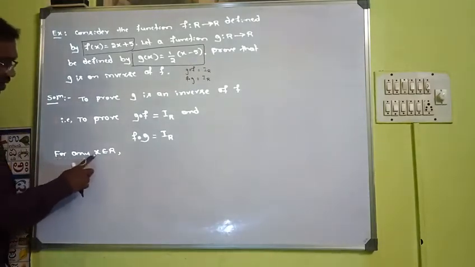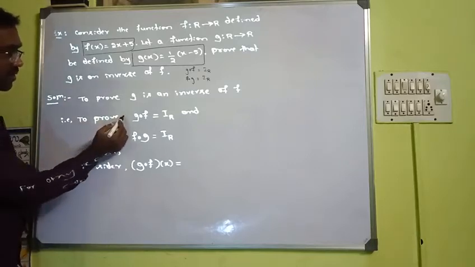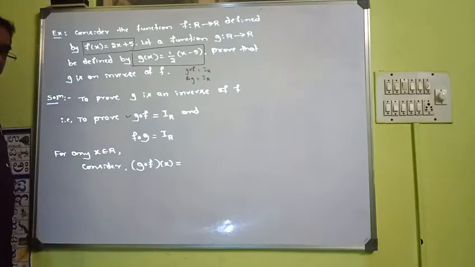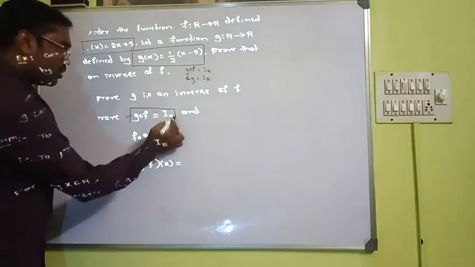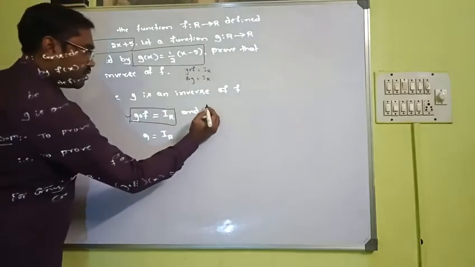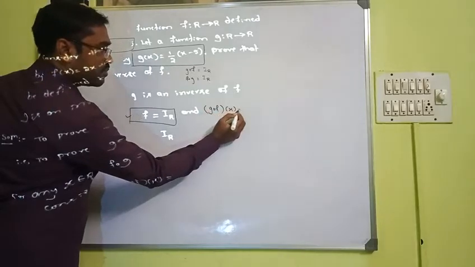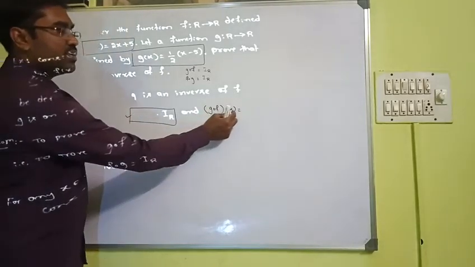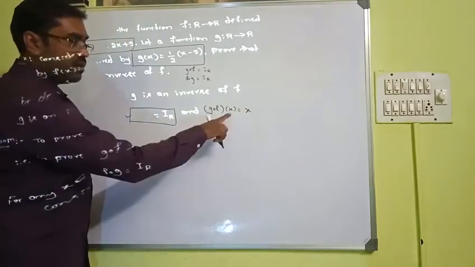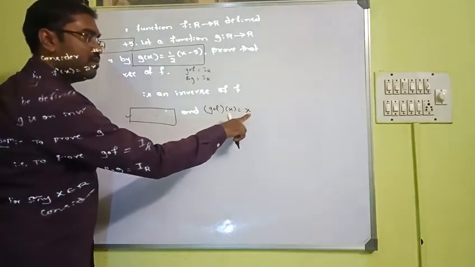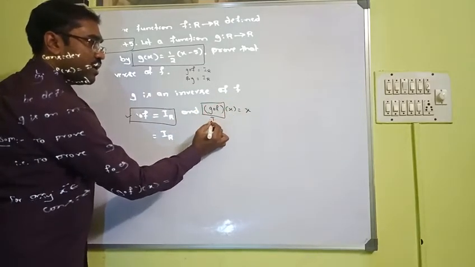Now for any x belongs to R, let us consider the first one. To prove this, that is nothing but g composition f. If you apply this composition on x, if you are getting back the same element as the image, then such a function is called an identity function.